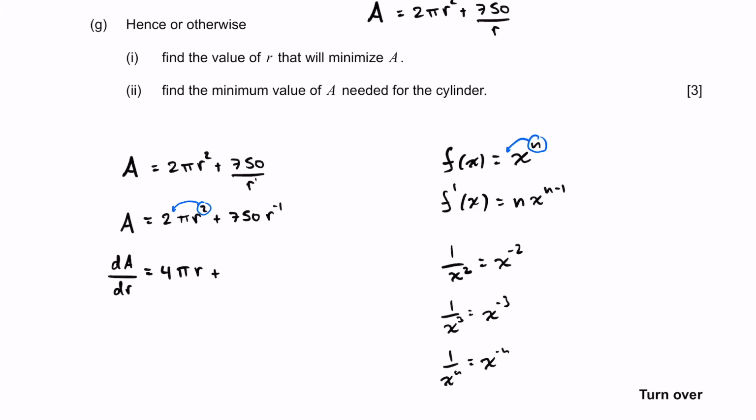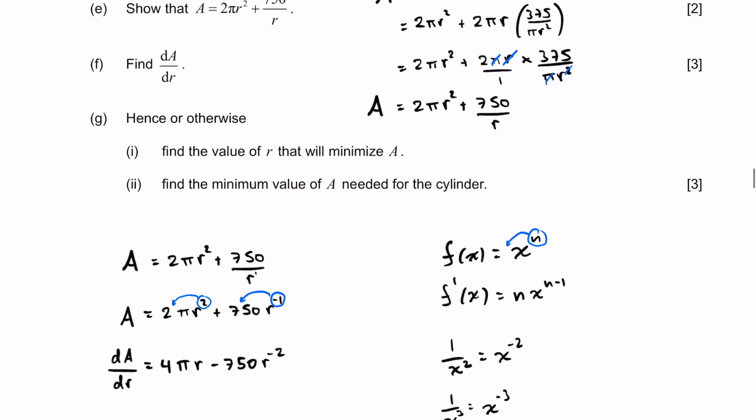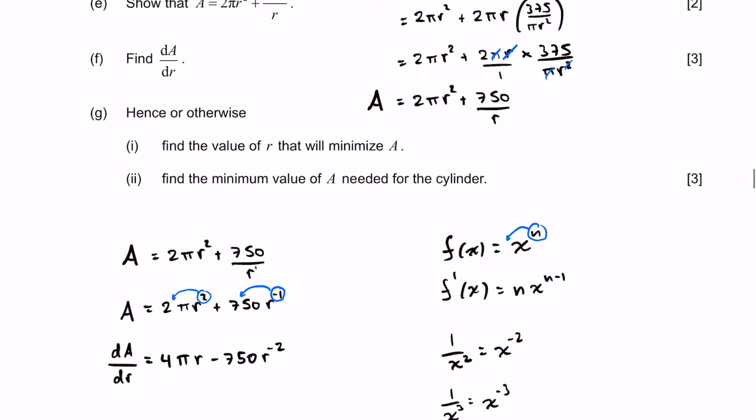Then we'll take this exponent, multiply out in front. So 750 times negative 1 is negative 750. R used to be negative 1. Let's take 1 away from it. Now it's negative 2. So there we have dA dr right here.